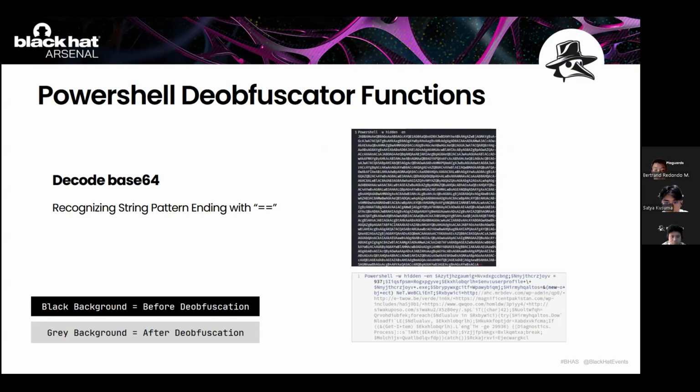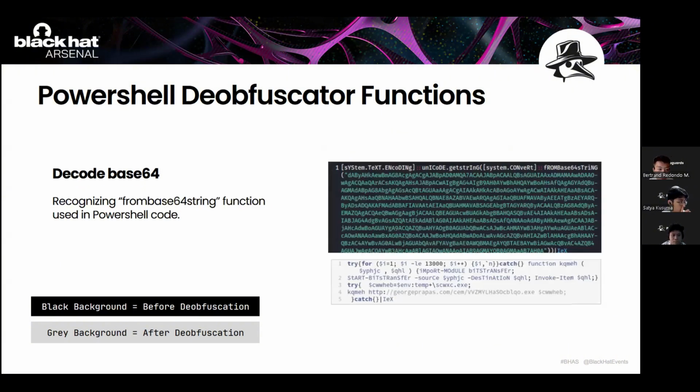With this pattern, the application tries to decode the base64 encoded string found inside the obfuscated PowerShell code and change it into plain text. We can see the results in the picture below.